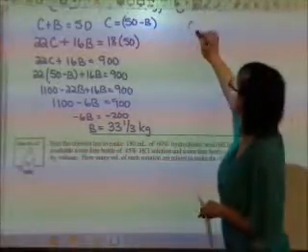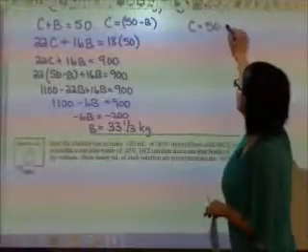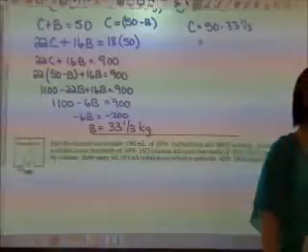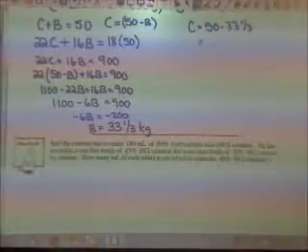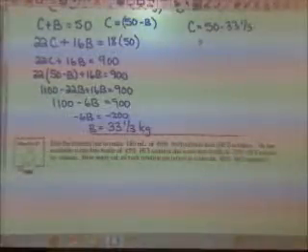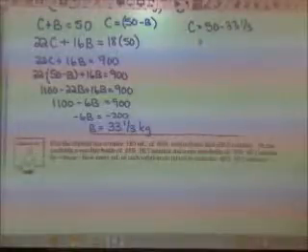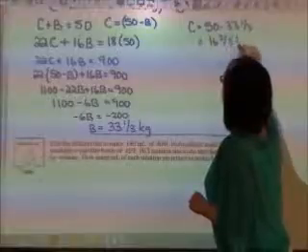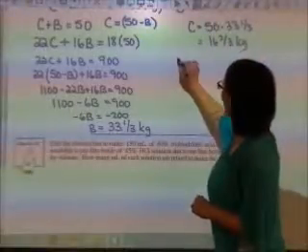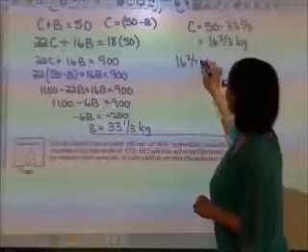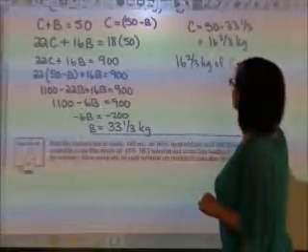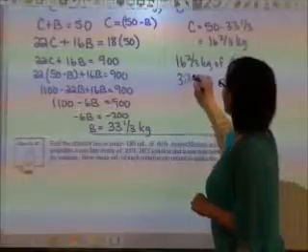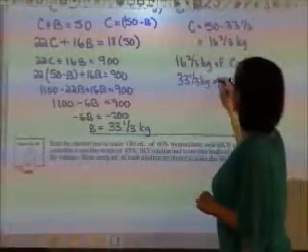So then my cashews would be 50 minus the 33 1/3, which is how much? 16 2/3. So I have 16 2/3 kilograms of cashews and 33 1/3 kilograms of Brazil nuts.